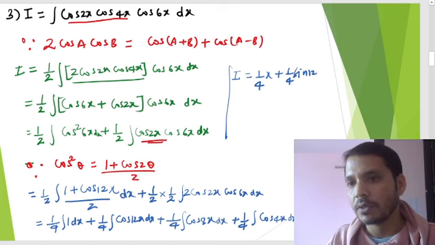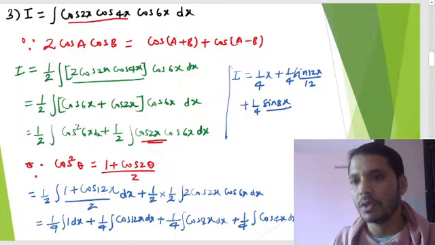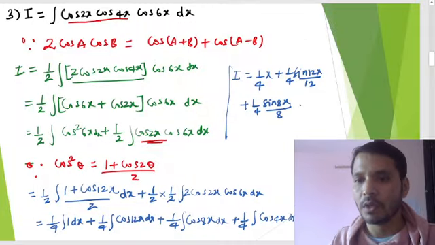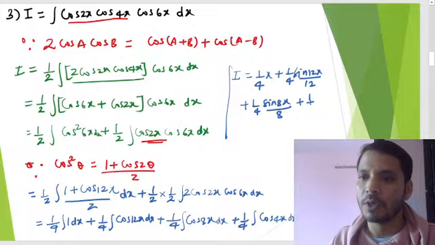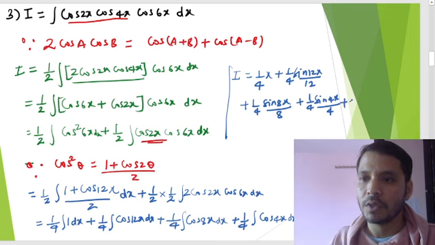12x, but the coefficient of the x is 12, so 12 will come. Now again plus 1 by 4 and cos will become sine 8x and the coefficient of the x is 8, so 8 will come, plus 1 by 4 and cos will become sine 4x divided by 4, plus C, right?